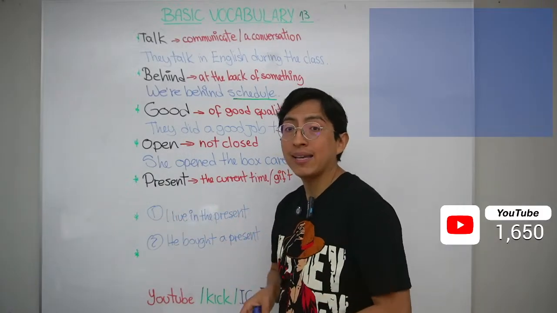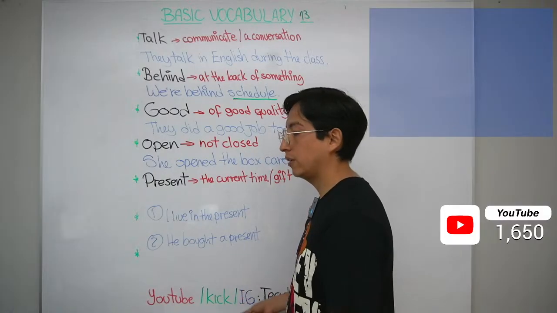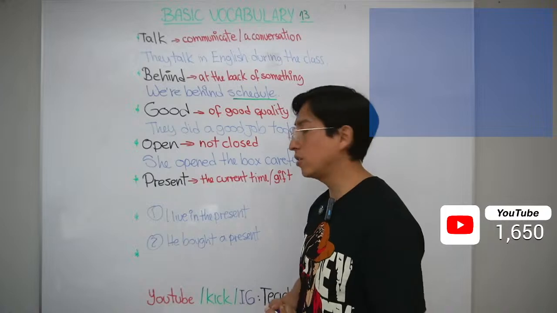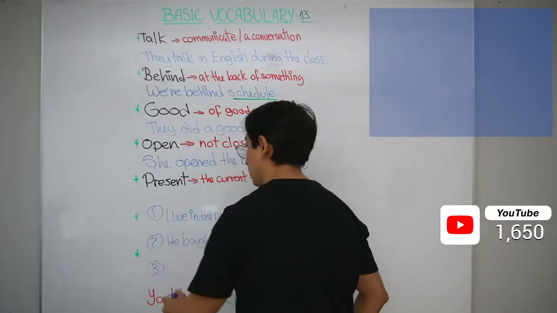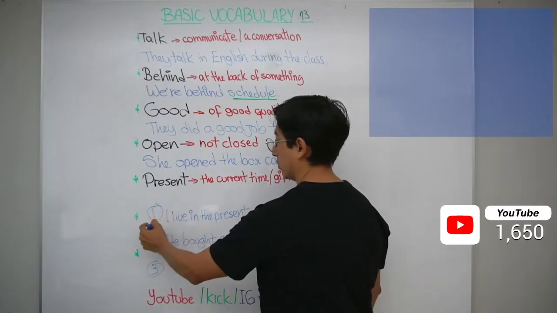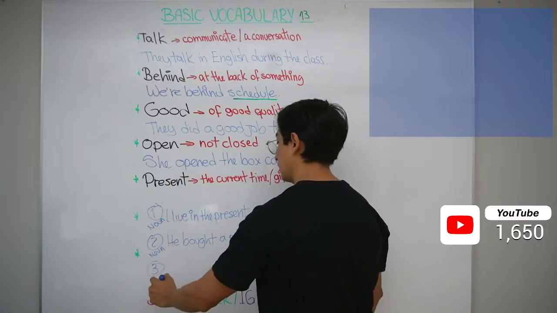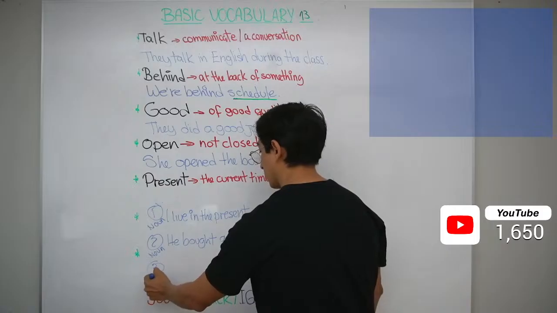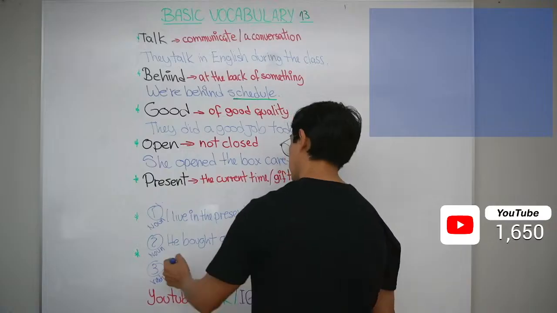Open my gift, right? So this is how we can use this expression. Now, the other one, as I mentioned, is a verb. This is a noun, and this is a verb. Remember, the pronunciation changes.